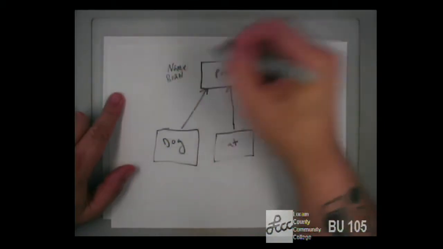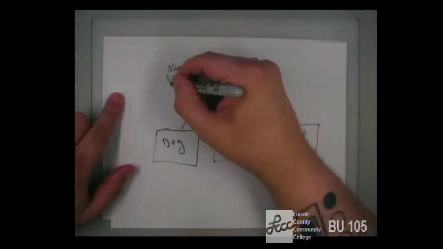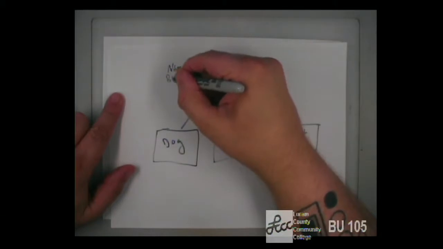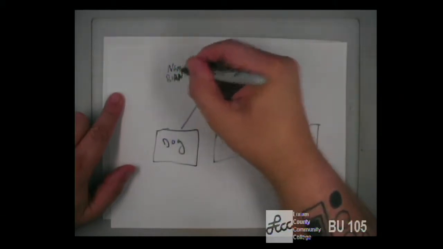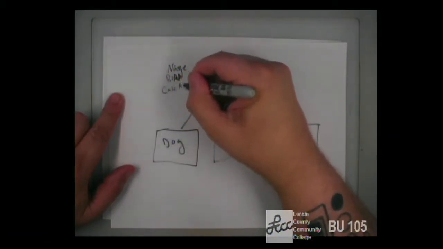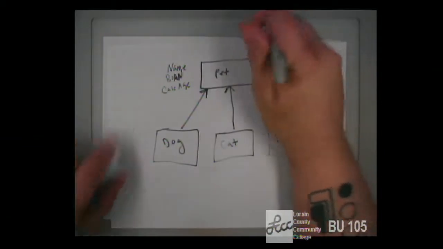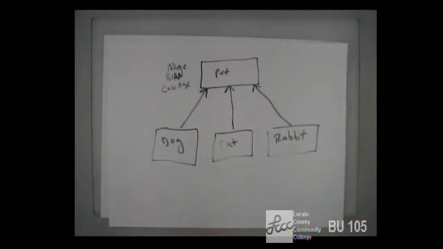All of them are going to have the ability to calculate their age. All right? So, those are 3 things about a pet that we're going to have.